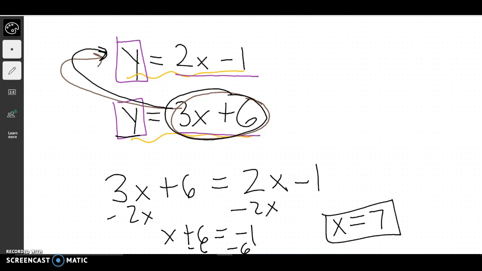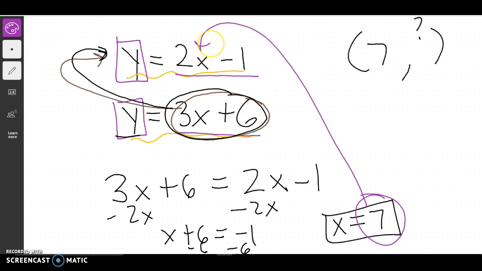Now that's part of my answer, but it's not my whole answer, because for my point, I don't have a y value yet. So how we're going to find that y value is, oh, now I have an x value.